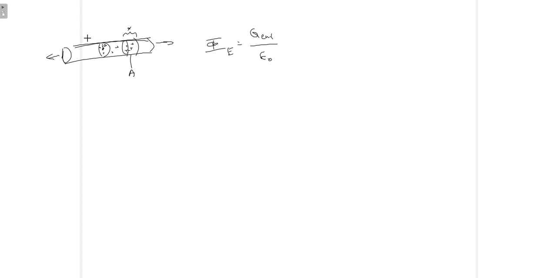If we create a Gaussian surface, which is also a cylinder, and then the electric field will be coming out through the surface.